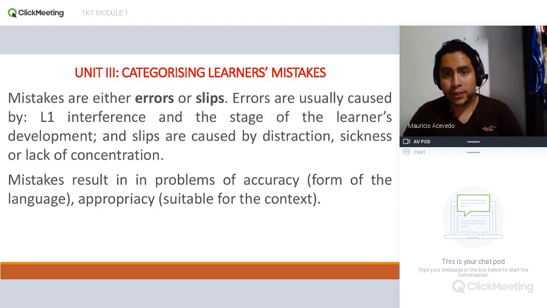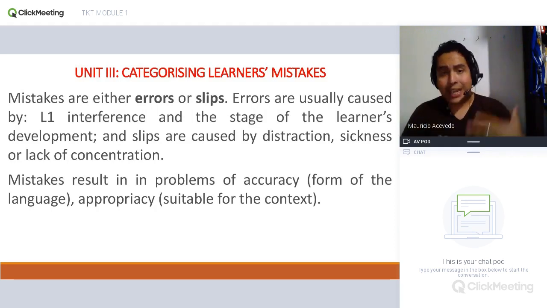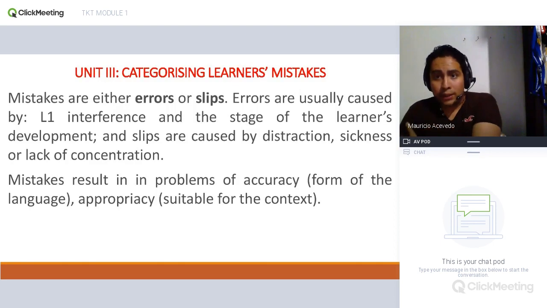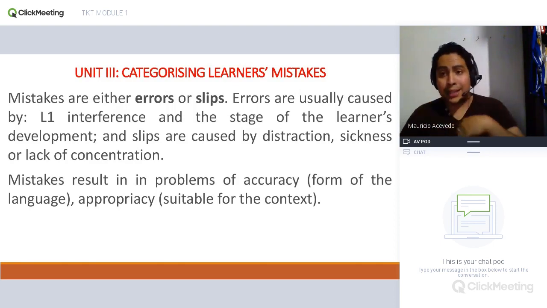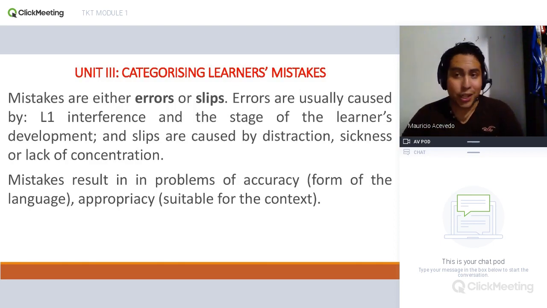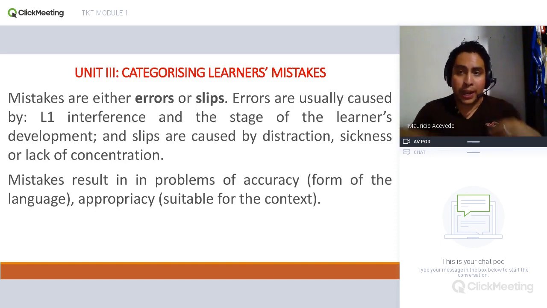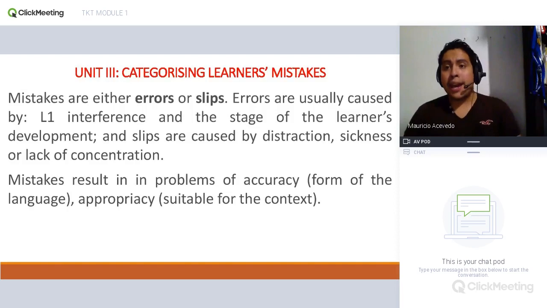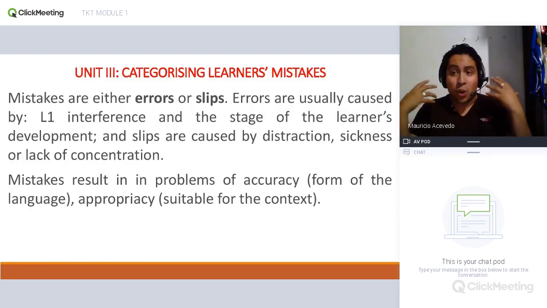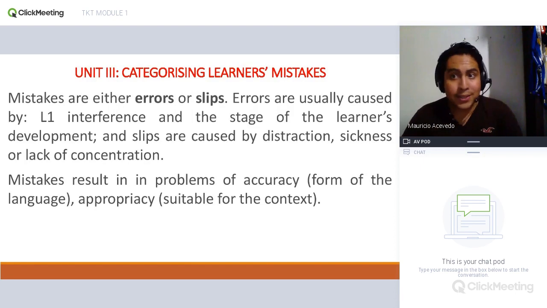This is an accuracy mistake. Or appropriacy, as we said, is not from the context. Maybe they say a bad word and they are not allowed to say bad words. Or maybe they are doing a role play in a meeting and they use a lot of slang or vocabulary that is not formal. So then the context is not good in this case.